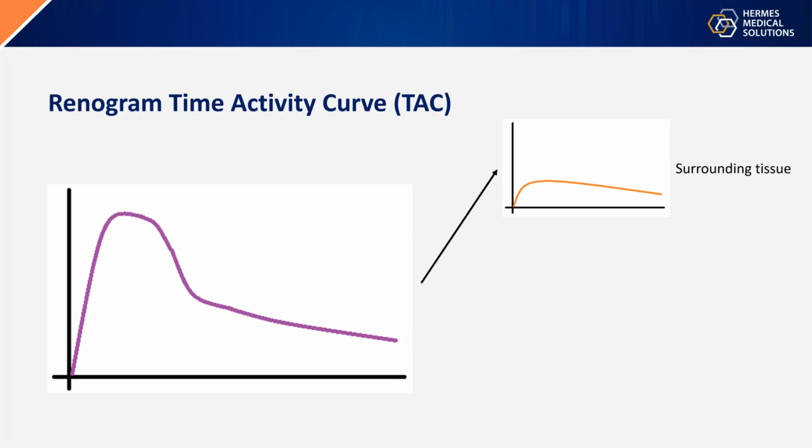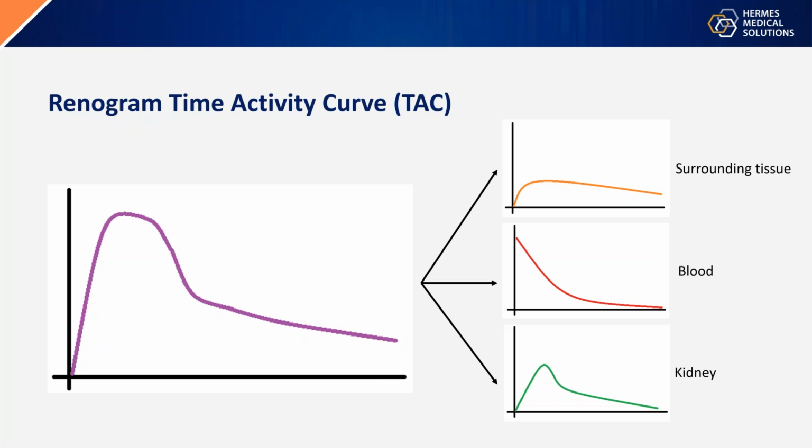And we're going to talk about the background subtraction in a few moments, how we deal with this. However, we also have blood activity in the kidney. And this is actually the one that's going to cause us the largest problem when it comes to background subtraction. And then we have the kidney itself, the true kidney function that we would like to use for our quantification.